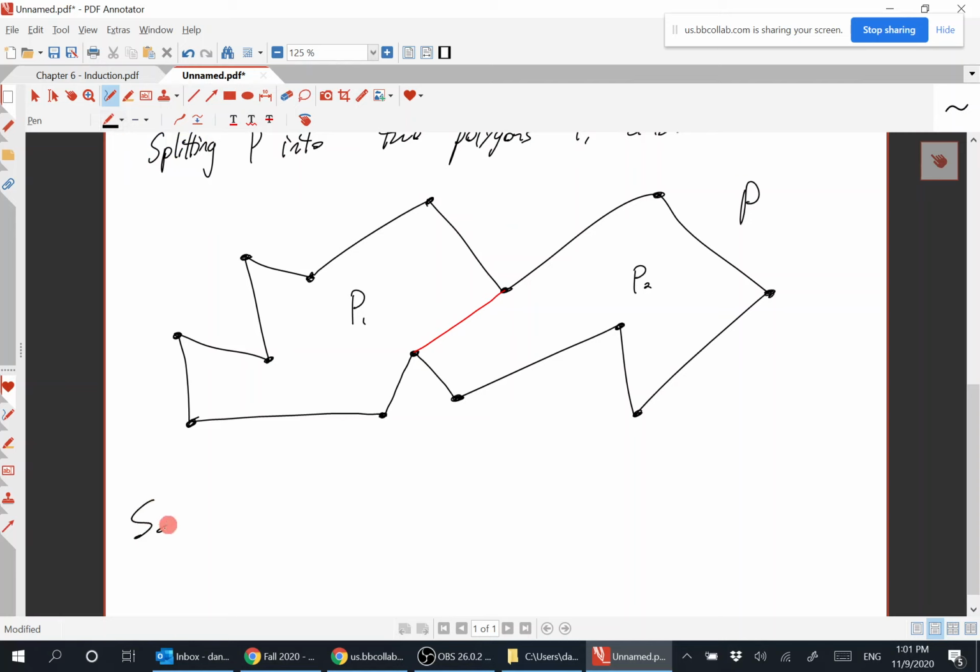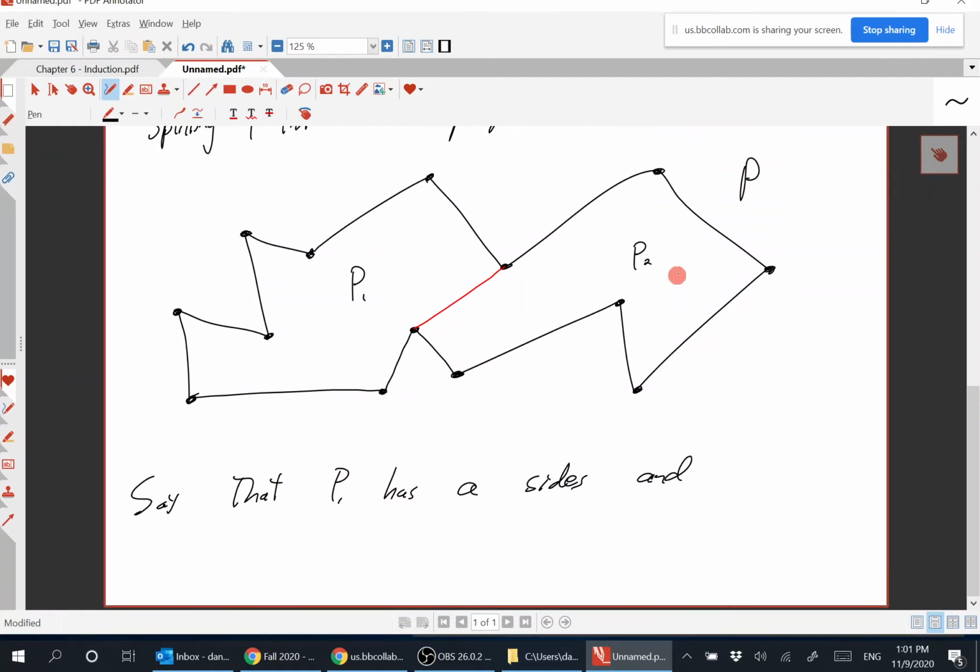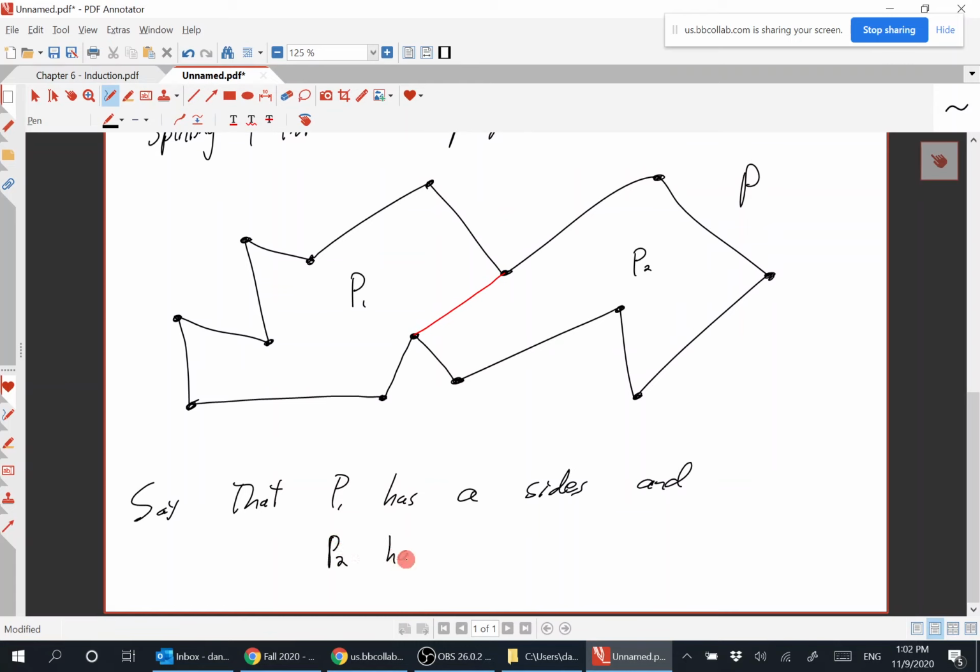Okay, say that P1 has A sides and P2 has B sides. So what is A plus B?